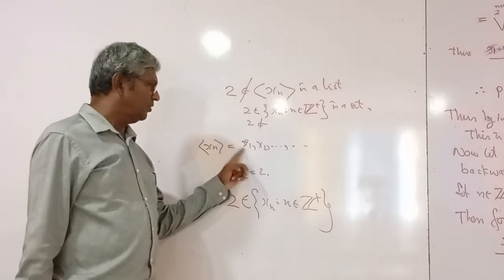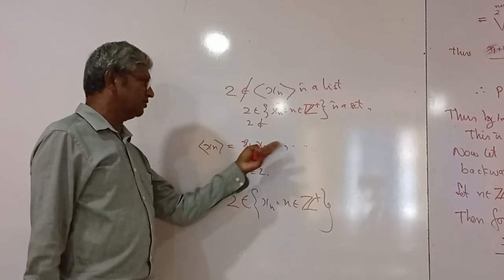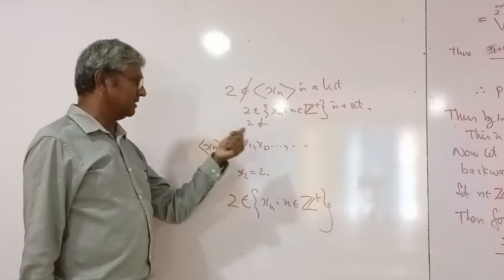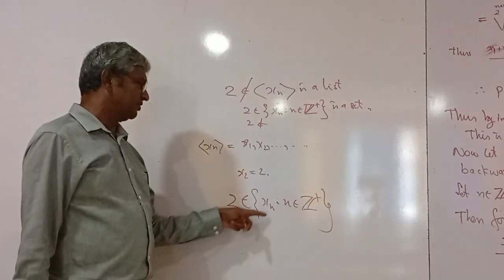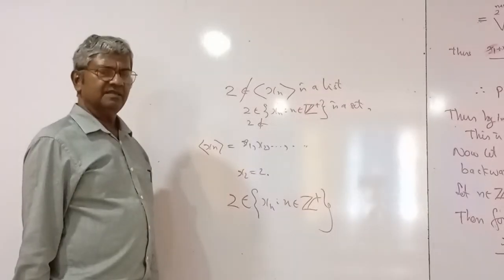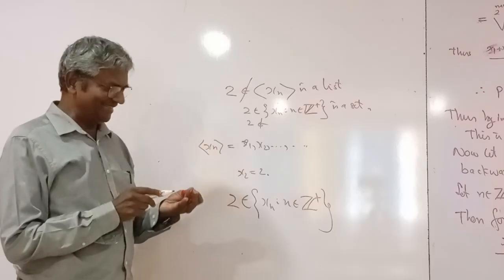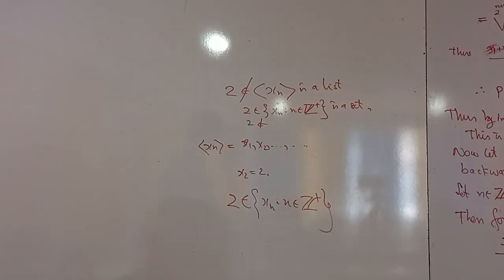Sequence is an ordered, unending list of numbers. It has order: x1, you cannot write x2 before x1. x1, then x2, x3. We used those brackets and wrote ordered list before doing sequences.